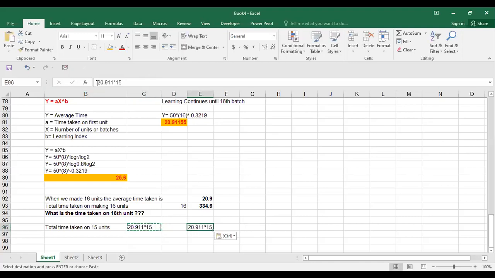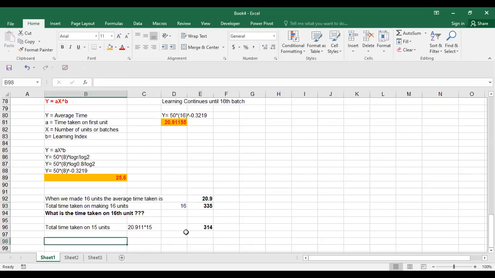So the total time taken on 15 units is 314 hours, and here it is 335 hours. So the time taken on the 16th unit is the difference between these two, 335 minus 314, 21 hours. The time taken on the 16th unit is 21 hours.